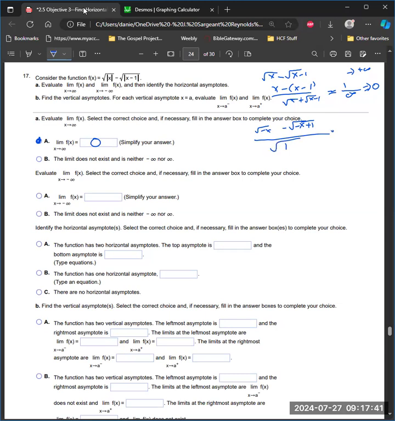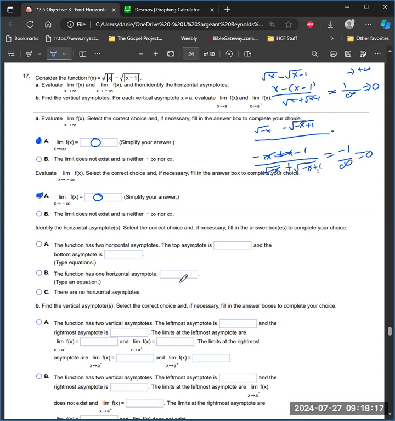So this is going to be a negative x minus that is going to be plus x minus 1 over root negative x plus root negative x plus 1. And this is going to be big negative number, big negative number. These are going to infinity. So this is going to infinity down here. This is a negative 1 up top. That's going to go to 0 as well.